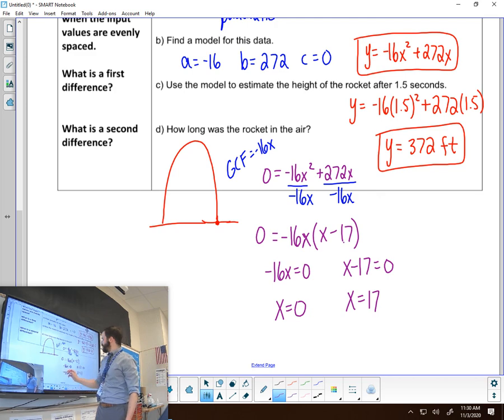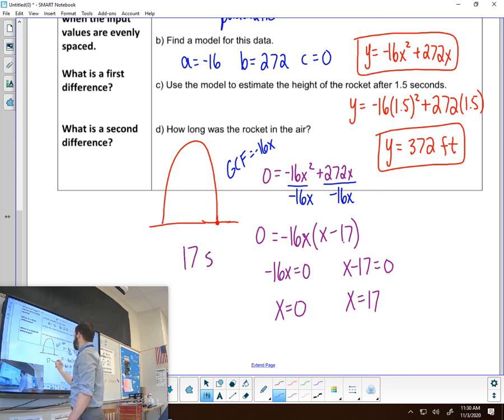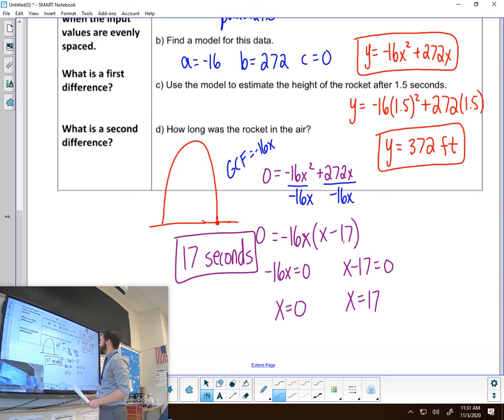Now, 0 is where we started. 17 seconds is going to be how long the rocket was in the air. So my answer to this question, how long was the rocket in the air? It was in the air for 17 seconds.